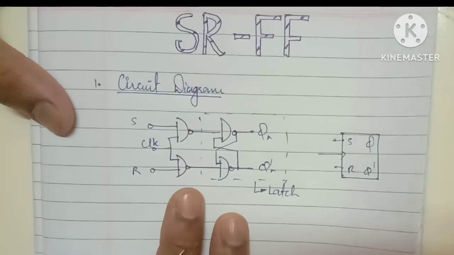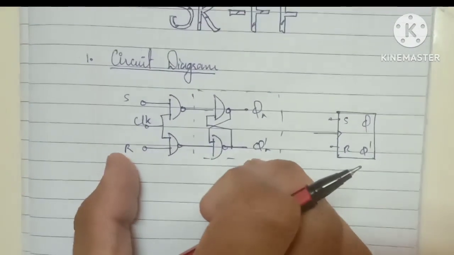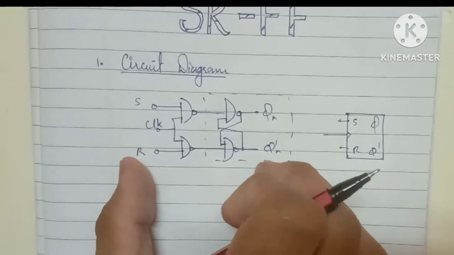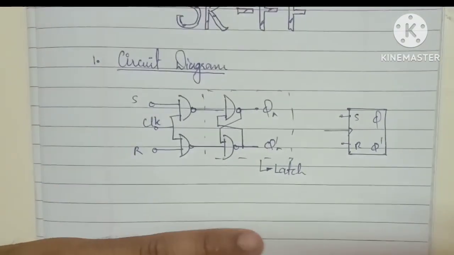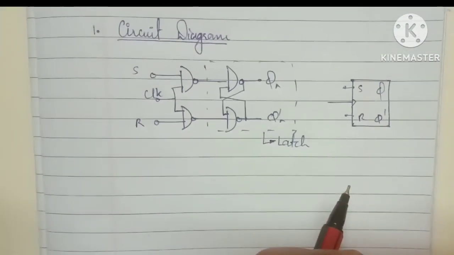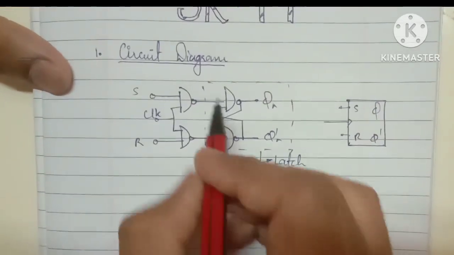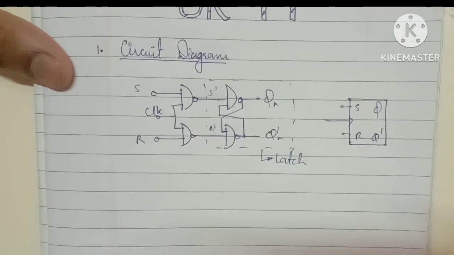You need to remember this because it is really important. By using this circuit only, you will get to know the truth table. Now we'll draw the truth table, but before this I will conclude a little bit.